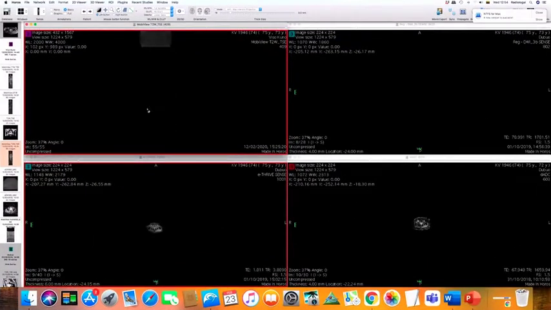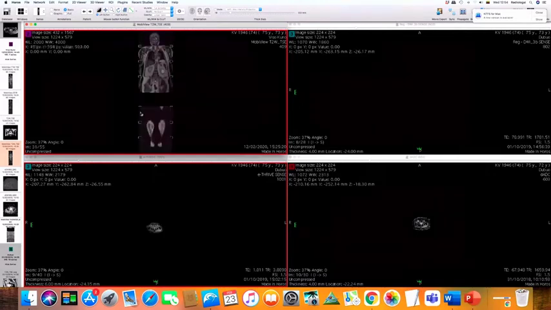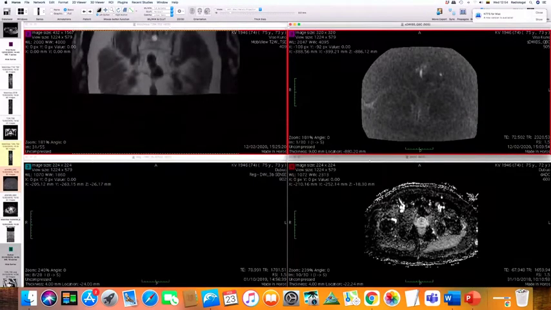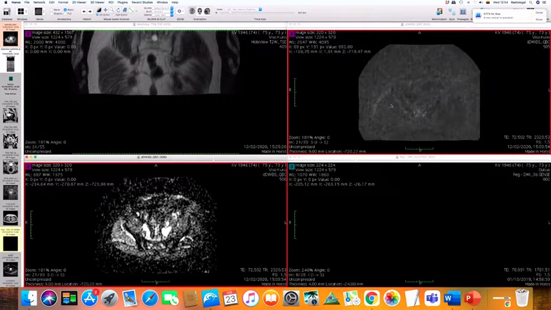On whole body MRI, we see a focus in the left.